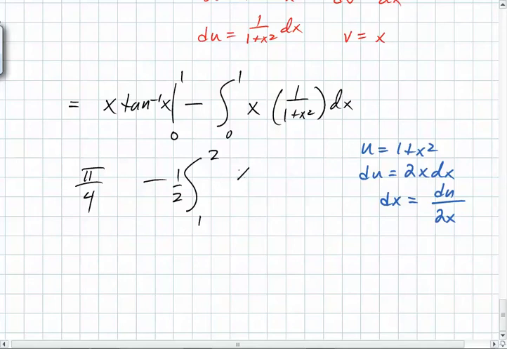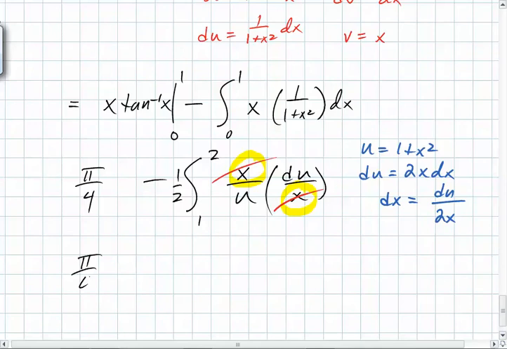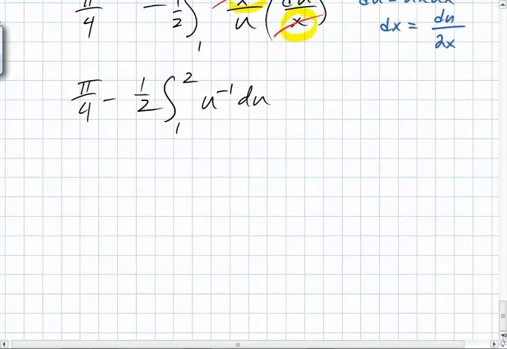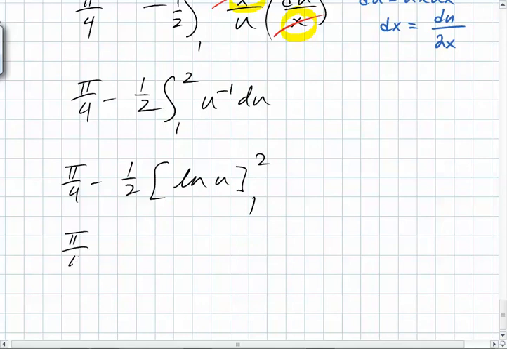You're left with x over u times du over x. What's the magical thing that happens? You love that going away, which is great. So now you have pi over 4 minus 1/2 the integral from 1 to 2 of 1 over u du. So you have pi over 4 minus 1/2 of ln u from 1 to 2, which is pi over 4 minus 1/2 times ln 2 minus ln 1, which is 0.